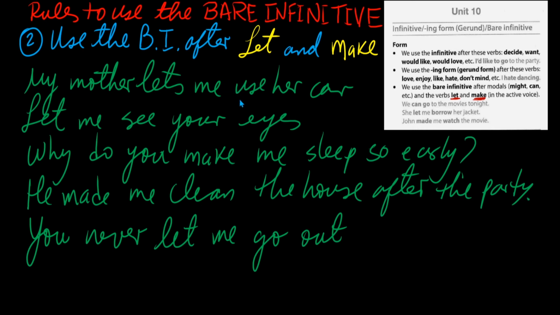The verb is in bare infinitive. Not to use, not using. Let me see your eyes. The same thing here. See. Why do you make me sleep? Make, and then here, sleep. He made me clean the house. Made in past, but it doesn't matter. The verb after, bare infinitive. You never let me go out, and so on.